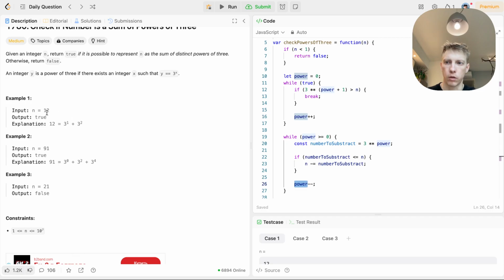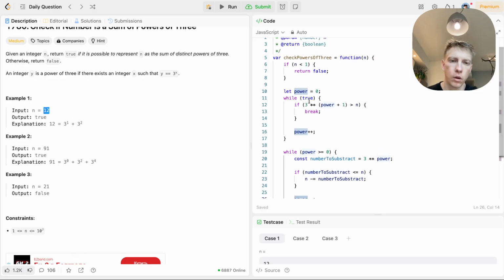Let's check with 12, for example. 12, we're looking: 3 to the power of 0 bigger? Nope. 3 to the power of 1 bigger than 12? Nope. 3 to the power of 2, 9 bigger than n? Nope.